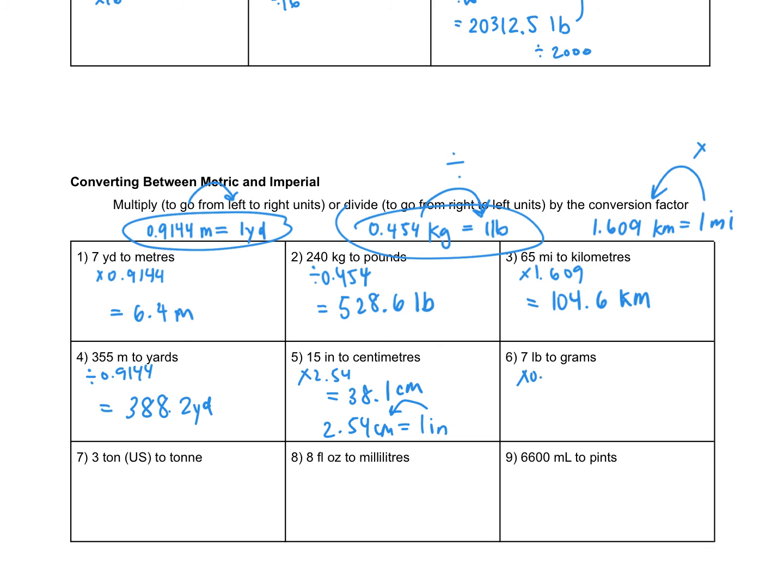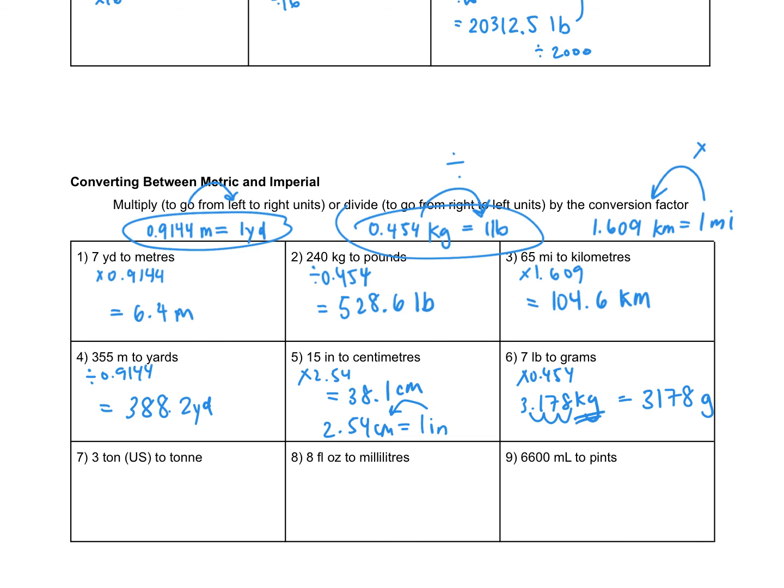So if I have 7, I'll just do the multiplication to get 3.178 kilograms. So if I want to go into grams, if you look at your staircase, that's 3 steps down, which means I'm going to move 1, 2, 3 to the right to get 3,178 grams.